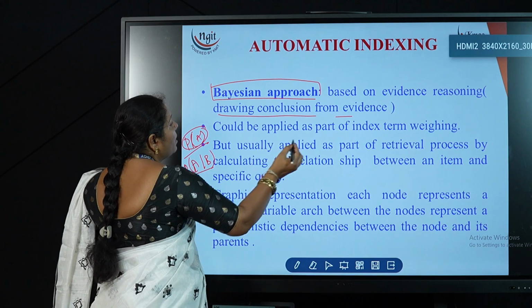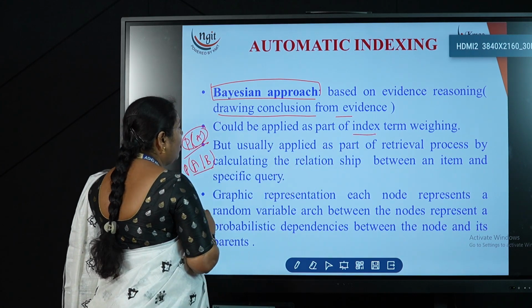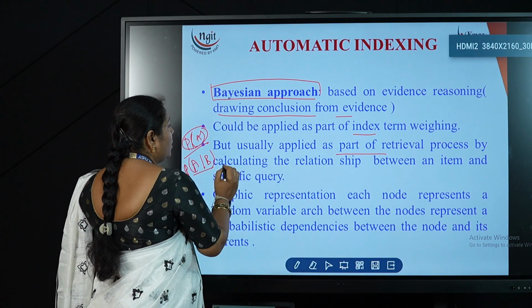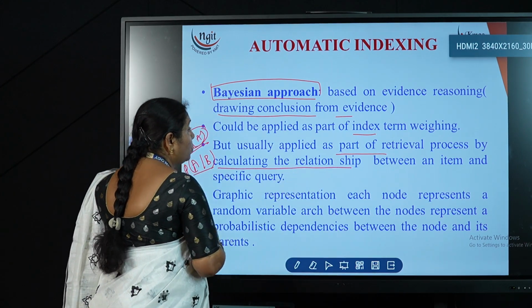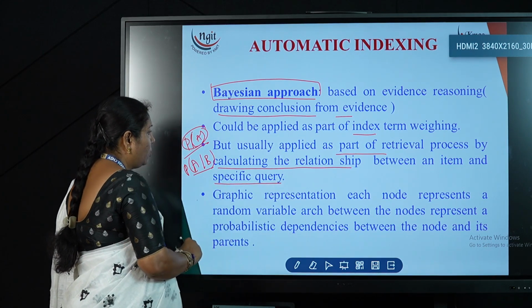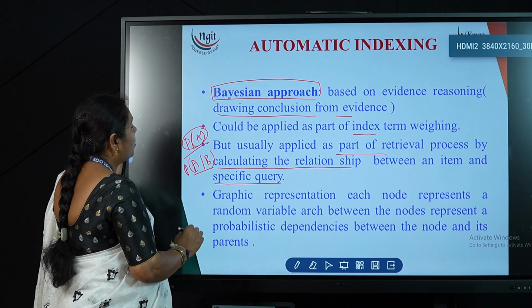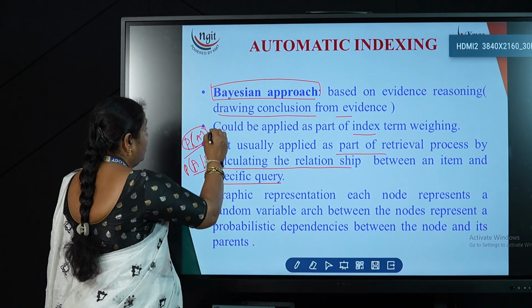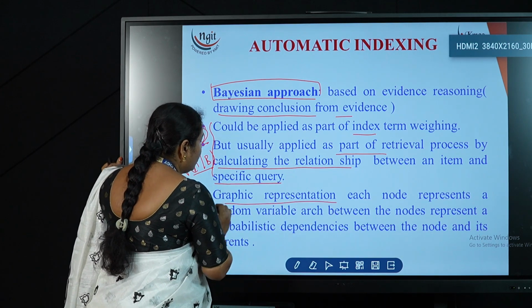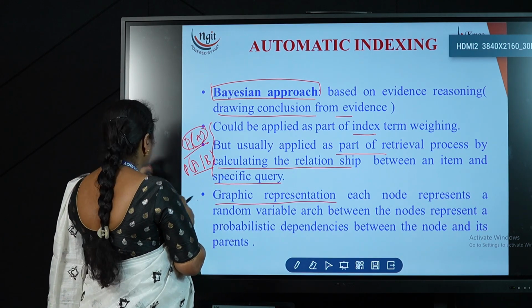It can be applied as part of indexing term weighting, or for the retrieval process, or to calculate the relationship between two terms, and also to write a query. The Bayesian approach is very comfortable for all these applications, and a graphical representation of it can be made.